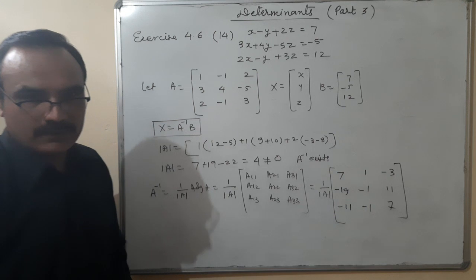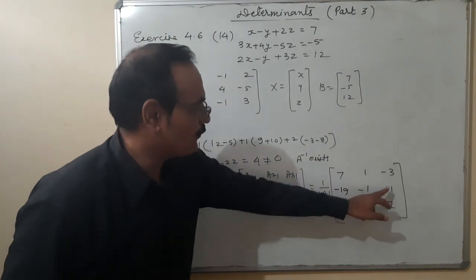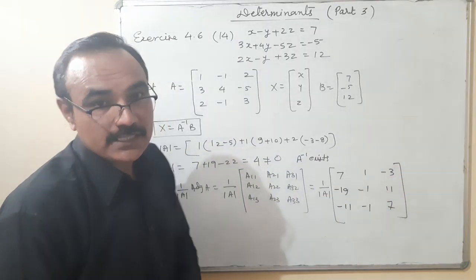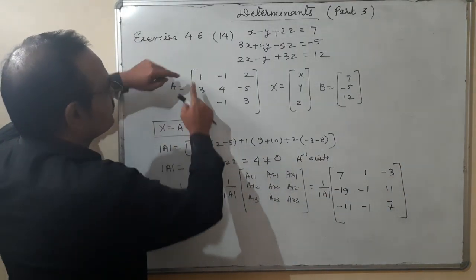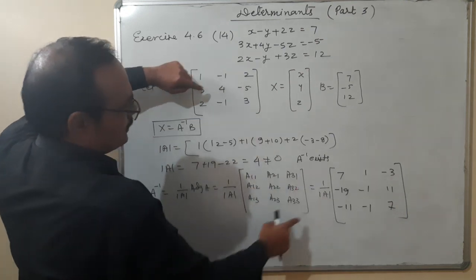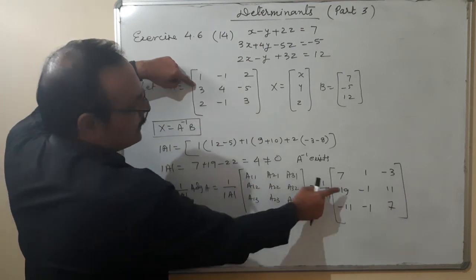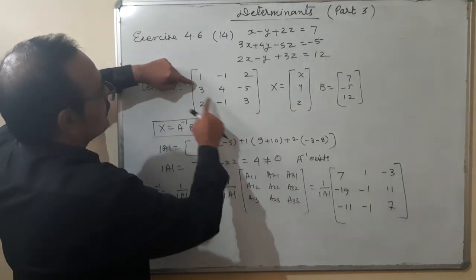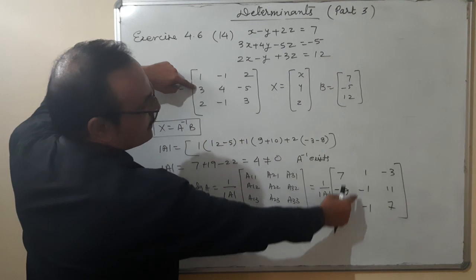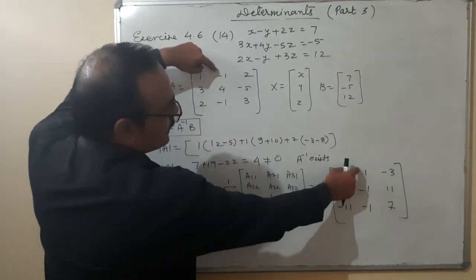Let us check once again. These 4 places should be opposite in sign, others are the same. 1 1: 12 minus 5, 7. 1 2: 9 plus 10, 19 with minus sign. 1 3: minus 3, minus 8, minus 11. Second row, first column: minus 3 plus 2 minus 1, that means plus 1.